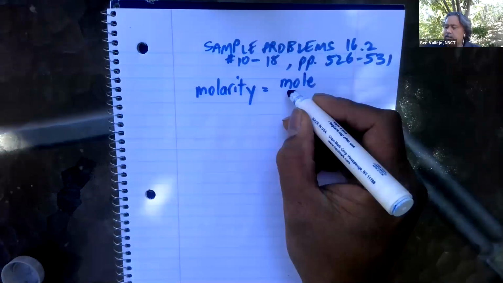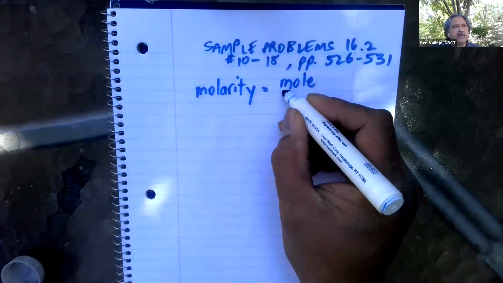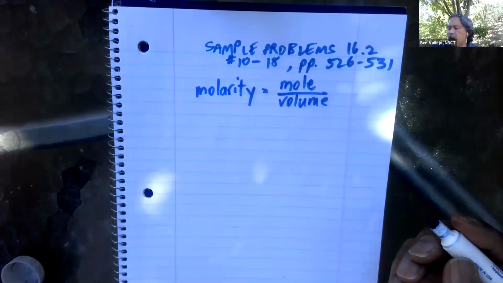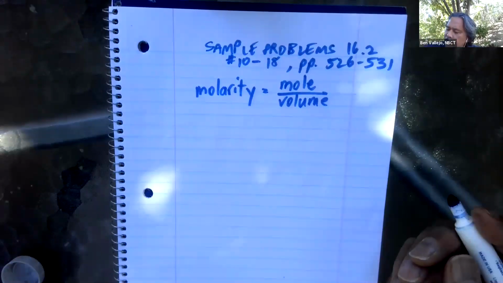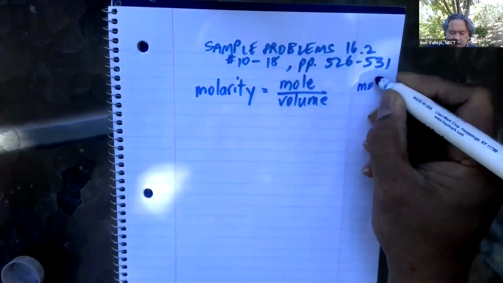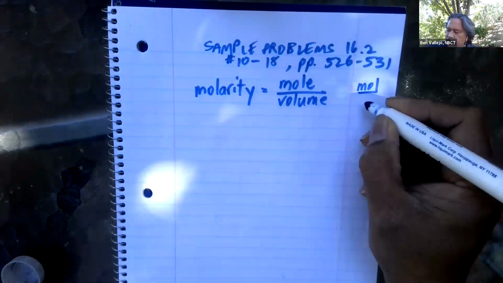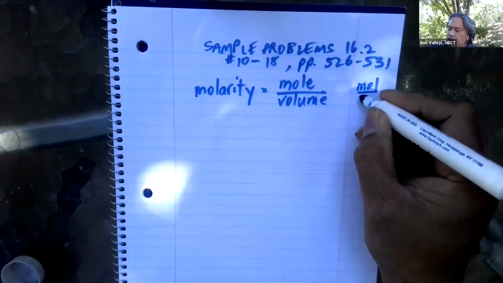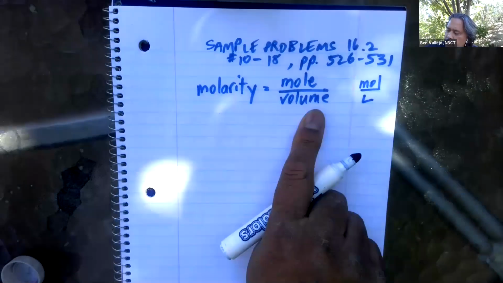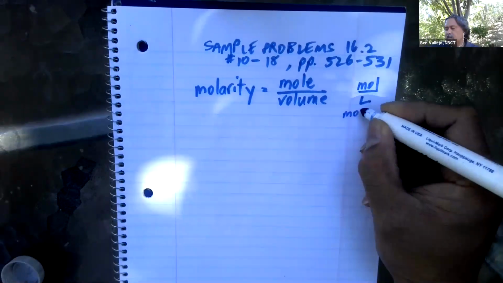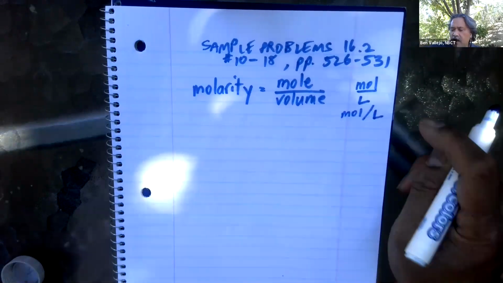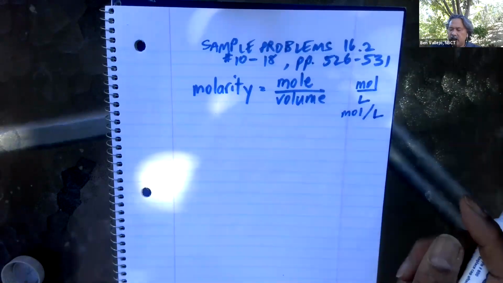If you take a look at the units, if you're doing dimensional analysis or canceling of fractions and your final units are moles per liter, the liter is a volume. This is the unit of molarity. Your textbook will probably often write moles per liter because that's an easy way to type it, but really we want to see it in a vertical fraction like that. Okay, so that's molarity.